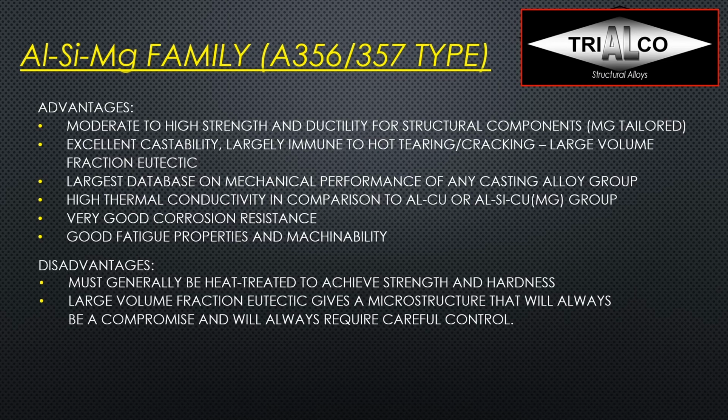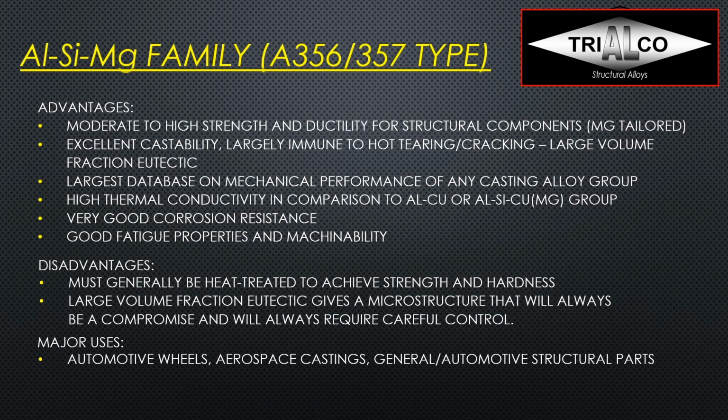The large volume fraction of eutectic gives a microstructure that will always be a compromise and will always require careful control. So we have to add either strontium or sodium to modify it, or we need extensive thermal modification through heat treatment. The major uses here are really for A356, automotive wheels and suspension parts.